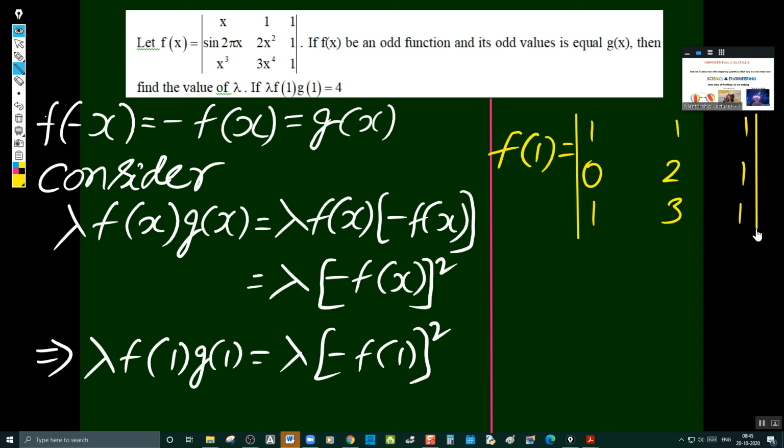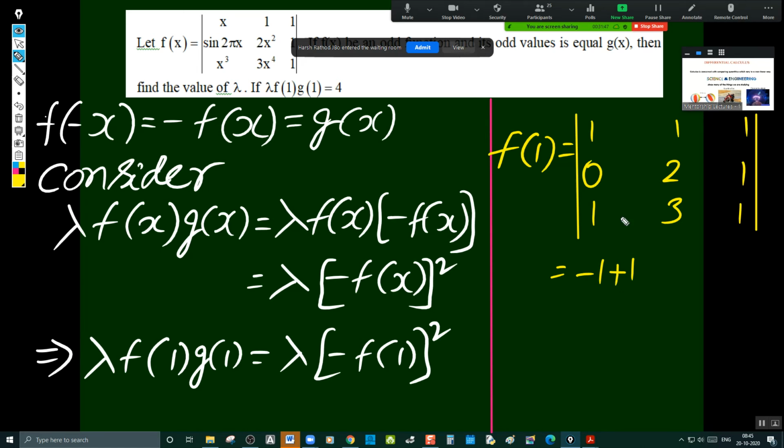If you find out the determinant of that, that is f of 1, 2 minus 3 minus 1 plus 1 and minus 2. So it is minus 2, please. Okay. Then you substitute it here.